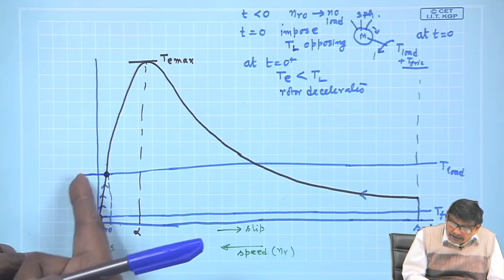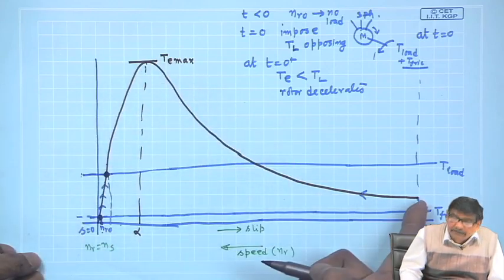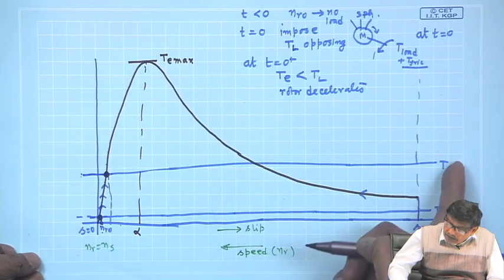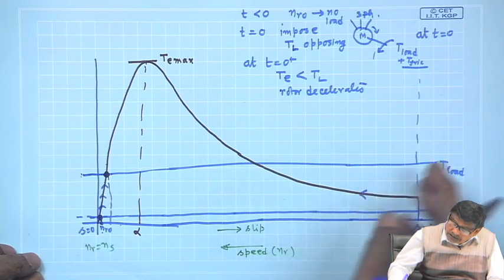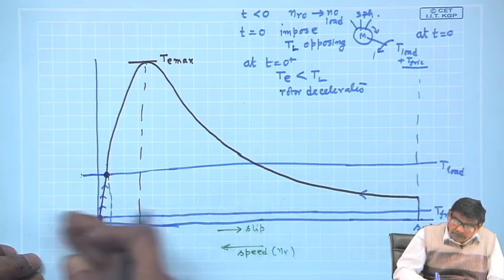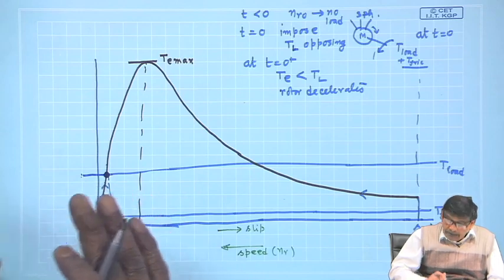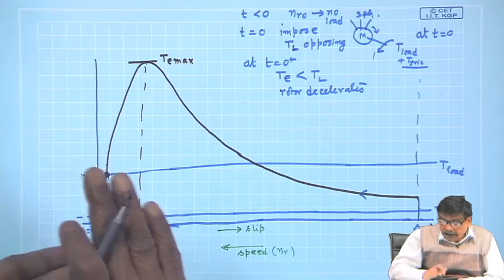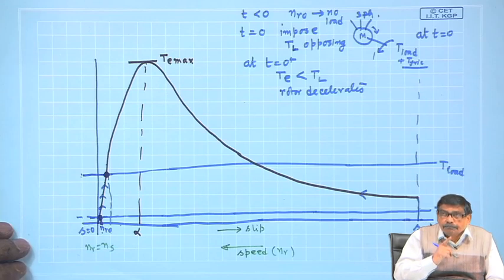So, once again you see, the black one is the characteristic of the motor and the load torque is the characteristic of the load, which demands constant load torque at all speeds. The two things are entirely different, but if you superpose one above the other, then the points of intersection are important.